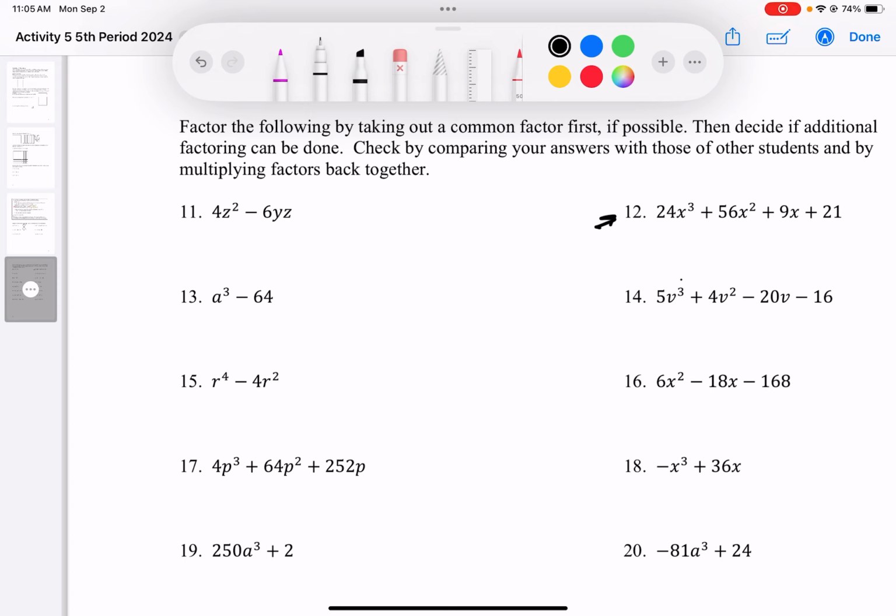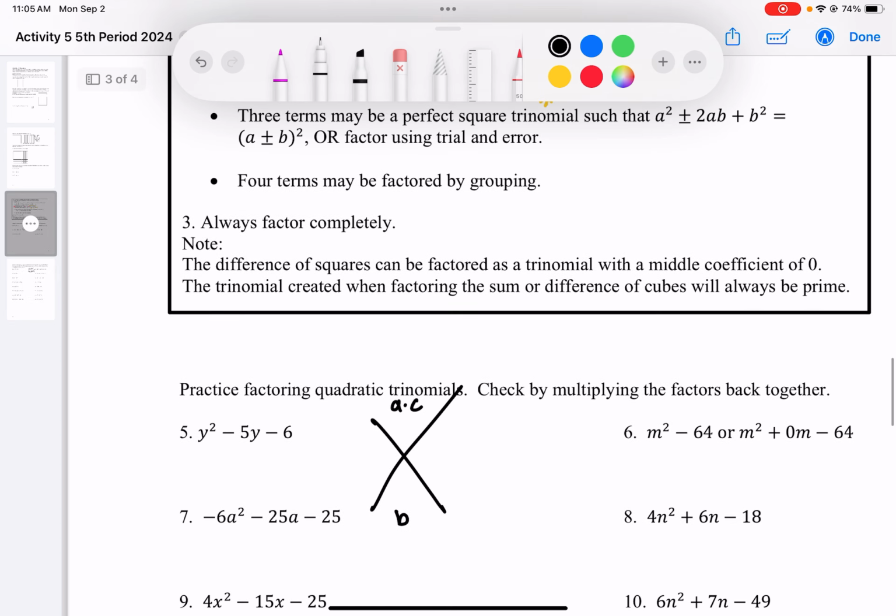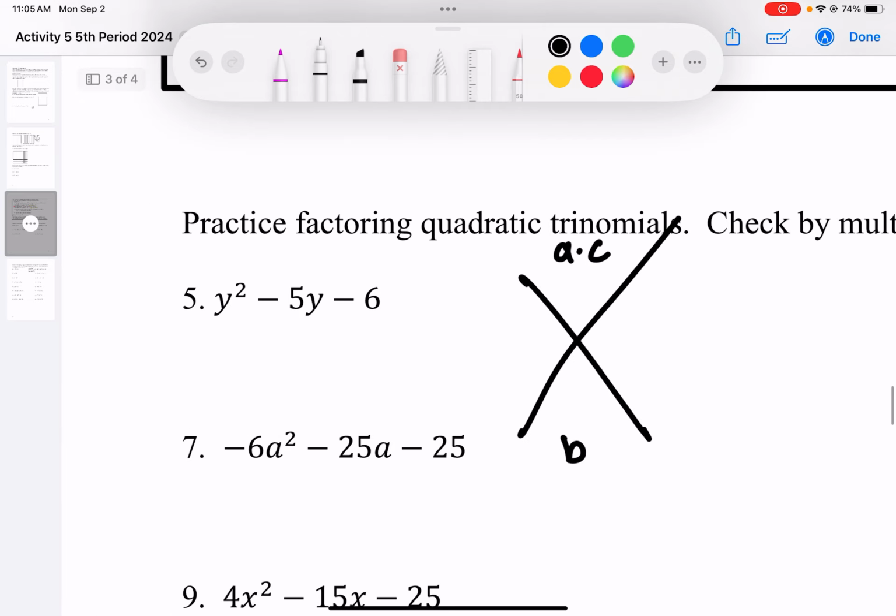This is called factor by grouping, and it will say specifically in Alta Newton which method to use. So sometimes we need to factor out greatest common factor as well. So 3 methods.